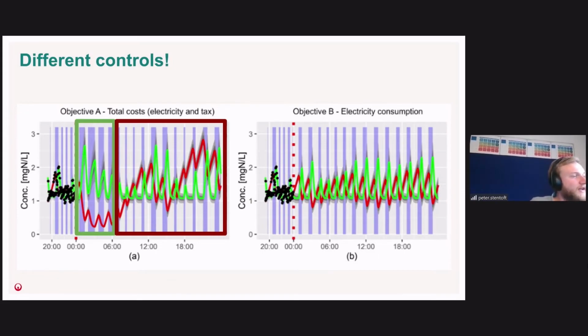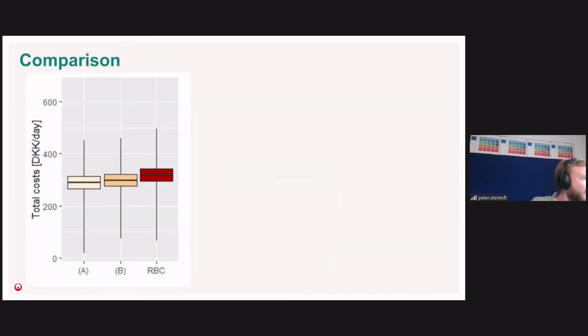Now you might say that this is of course only for this quite extreme example day. So we did this same experiment for all the 50 different days, and we ended up with something looking like this, shown as box plots, where the one to the left, scenario A, is the one where we use the flexible or varying electricity prices.